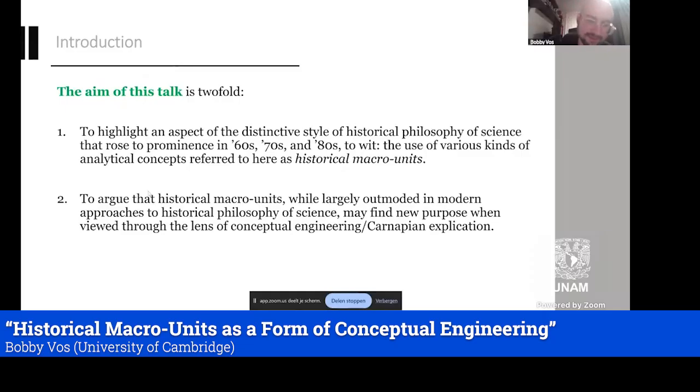And then second, to argue that the use of such historical macro units to structure one's historical account of science, while largely outmoded or out of vogue in modern approaches to historical philosophy of science and integrated HPS more broadly, may nevertheless find a new purpose when viewed through this particular methodological lens of conceptual engineering. And again, I'll have a bit more to say about this in a few minutes.